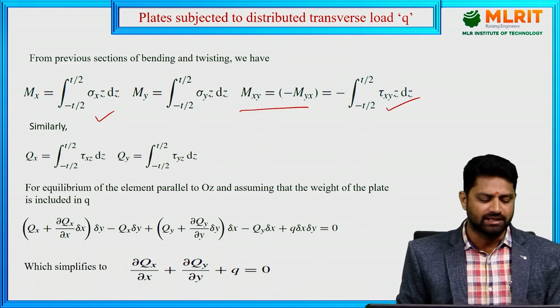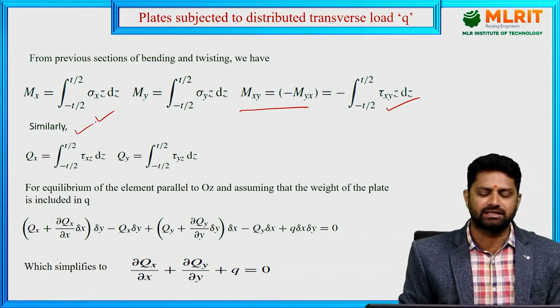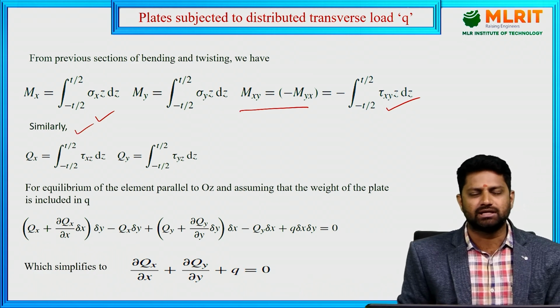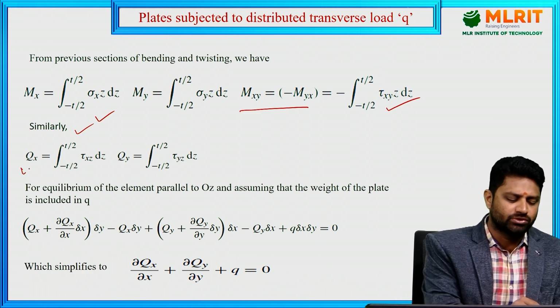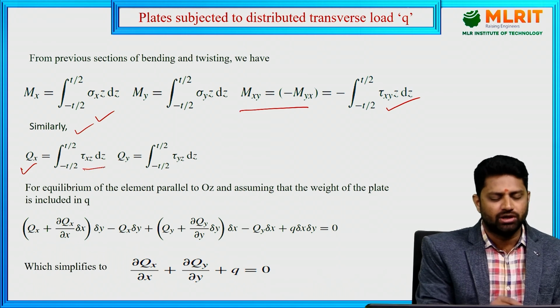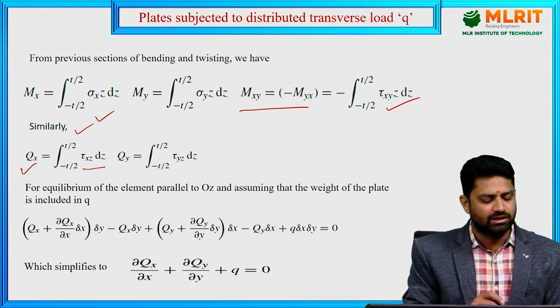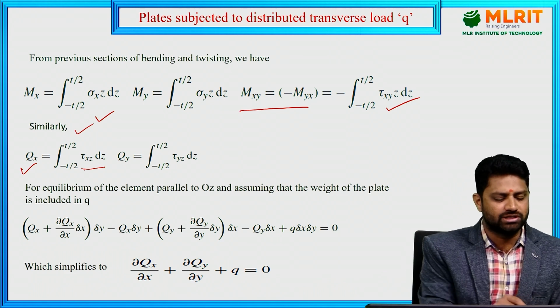Similarly, in the same way as we have represented mx, my and mxy, let's represent the shear forces also. The shear force qx is equal to the integral from minus t by 2 to plus t by 2 of tau xz into dz. That means the shear force is obtained from the shear stresses.